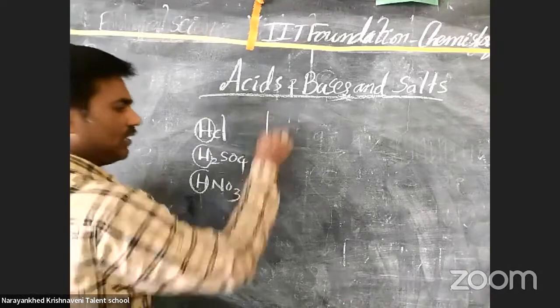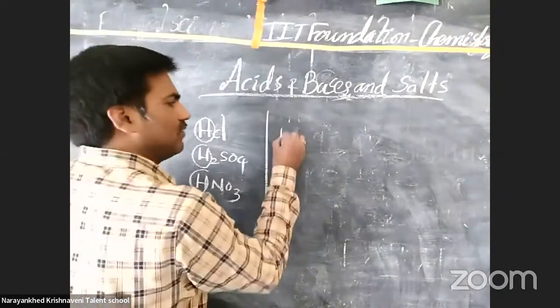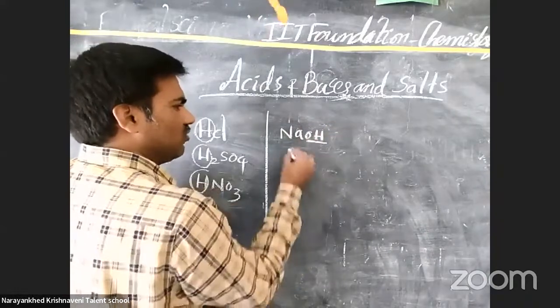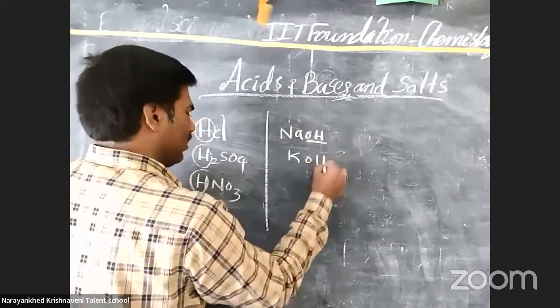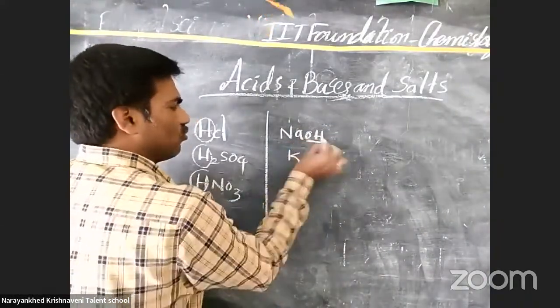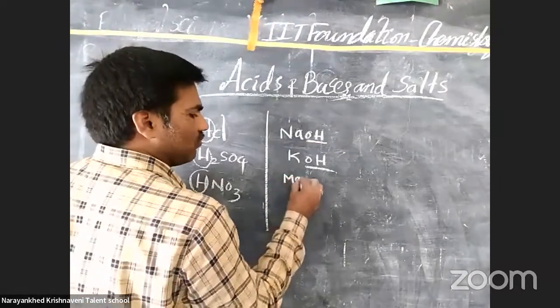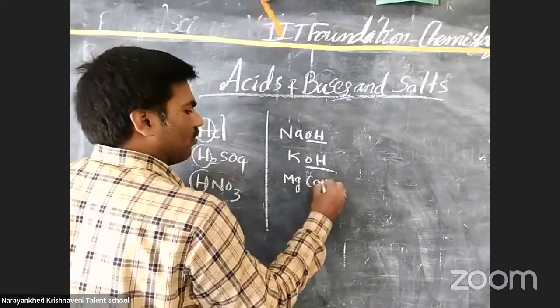And for bases, NaOH is a common base. KOH is common too. Potassium hydroxide, sodium hydroxide, magnesium hydroxide, and calcium hydroxide. Clear or not, all the students?